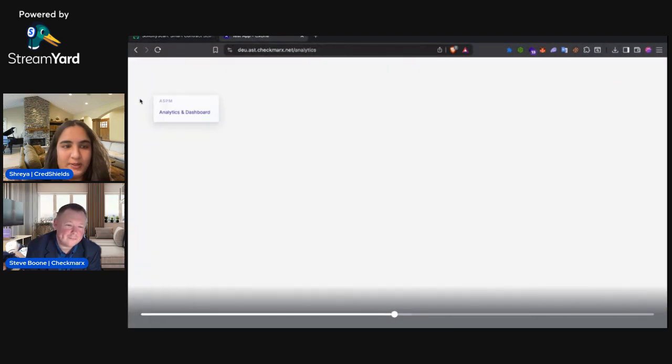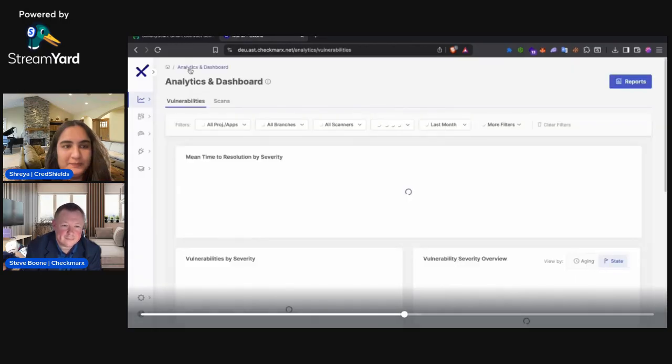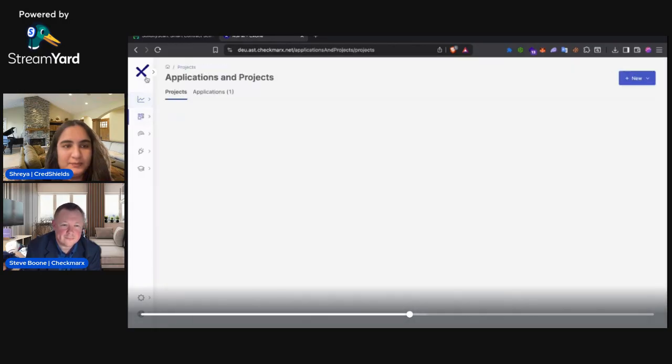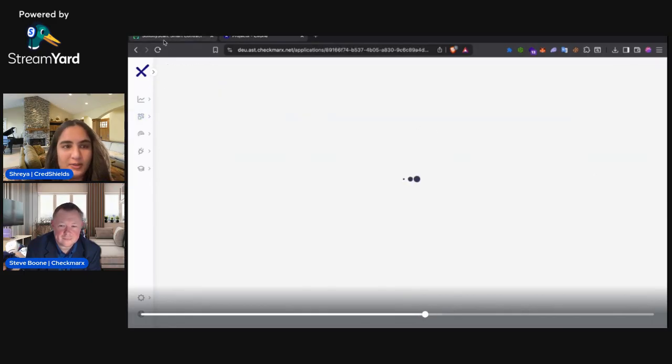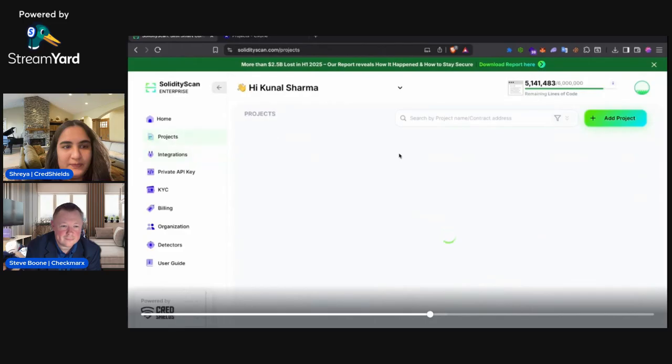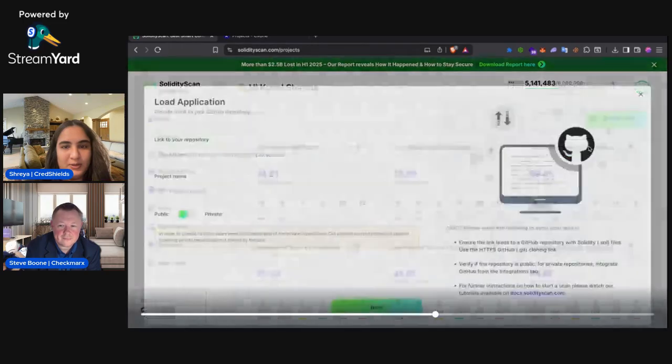Got connected. And go back to the application that you just connected, and it will show up here as well.